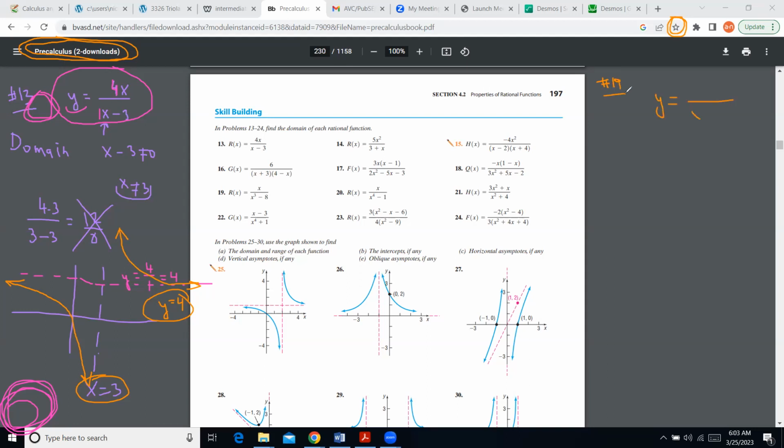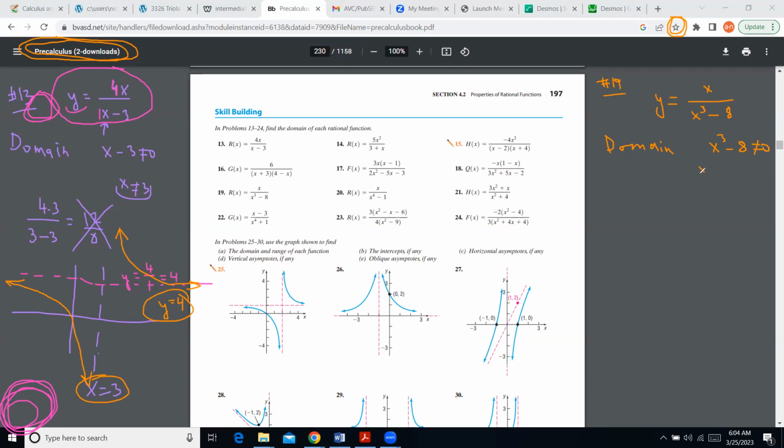So x cubed minus 8 is not 0. We already know why, because I do not divide by 0. And that's why we right away declare for our domain that x to the power of 3 minus 8 is not equal to 0.